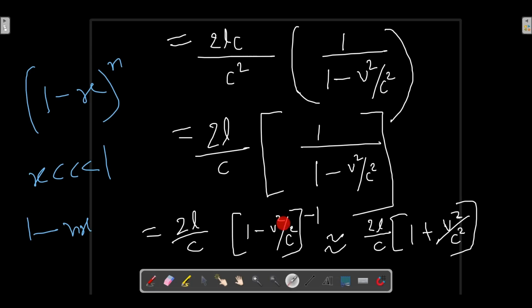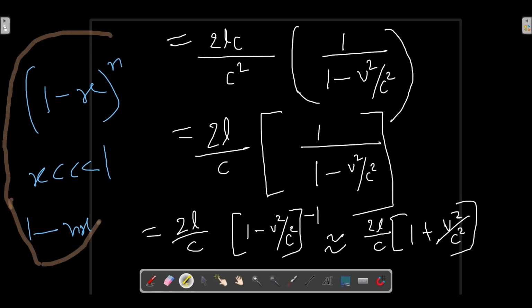So 1 minus v square by c square to the power minus 1: 2l by c remains as it is, and with this n as it is, nx, minus 1 will come inside and it will become 1 plus v square by c square. We have simply applied this formula of the binomial theorem: 1 minus x to the power n, when x is very small as compared to 1, is 1 minus nx.